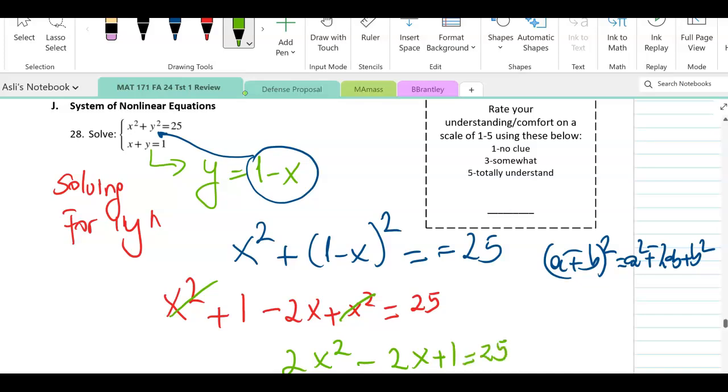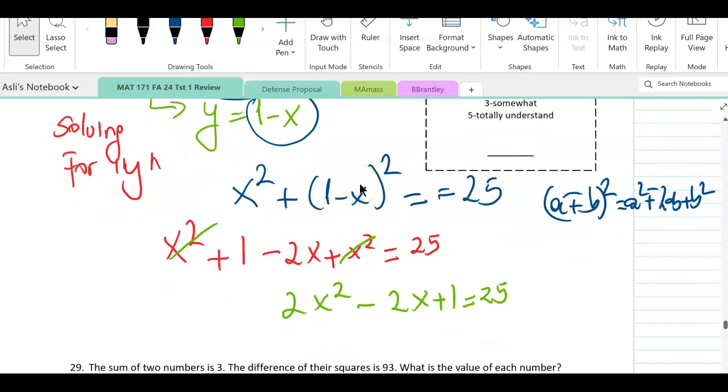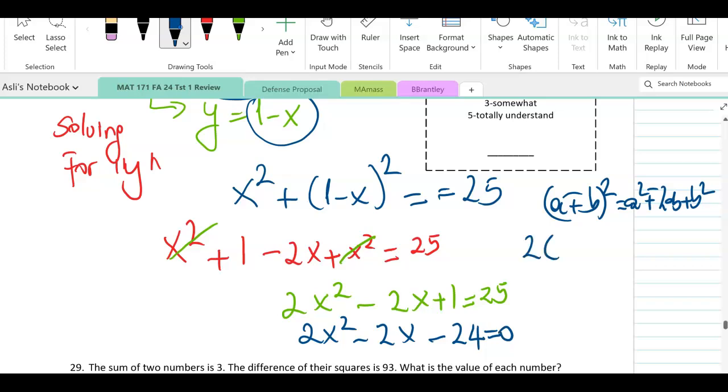Now it's the same as solving a quadratic equation. So make it equal to 0: 2x squared minus 2x minus 24 equals 0. Because all the terms have 2 as a common factor, it's always better dealing with coefficients of 1.